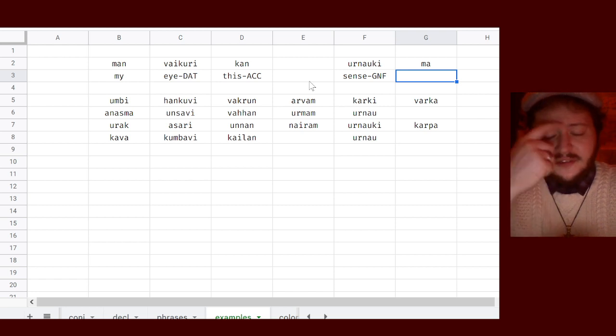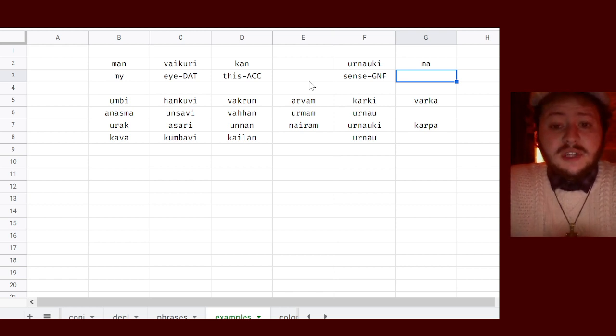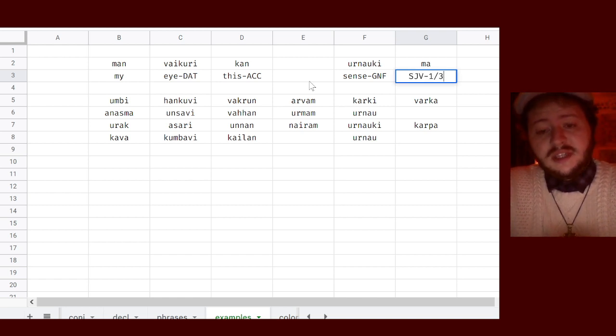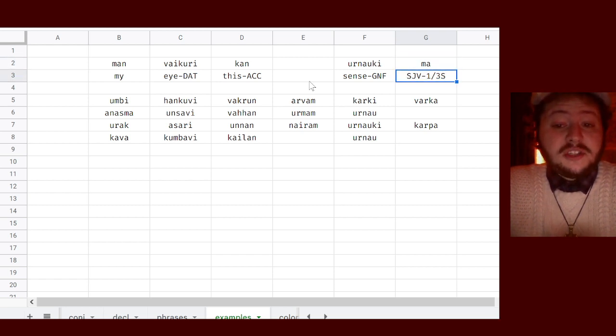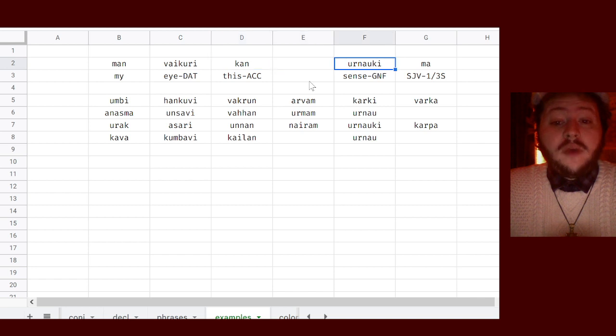Mava is actually the infinitive of that, the general and finite. It's the subjunctive auxiliary in the first or third person singular because they're the same ending. So it's like a desire or a wish or a hypothetical. So this translates ultimately to something like, I wish to see this.